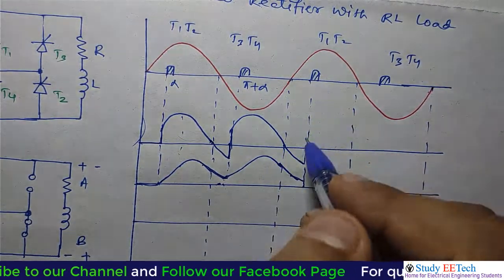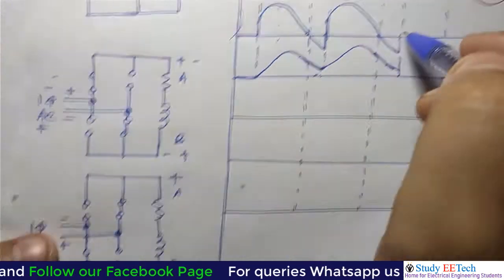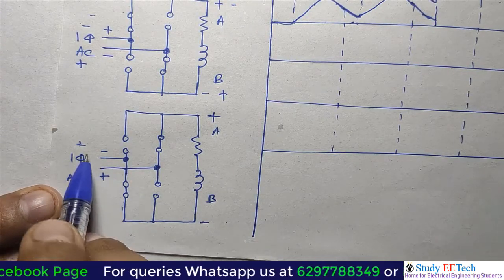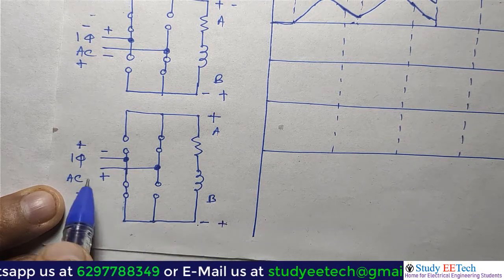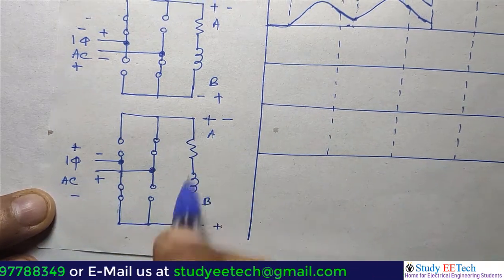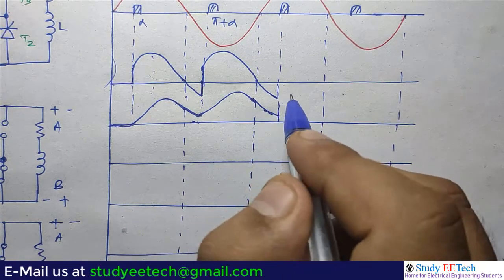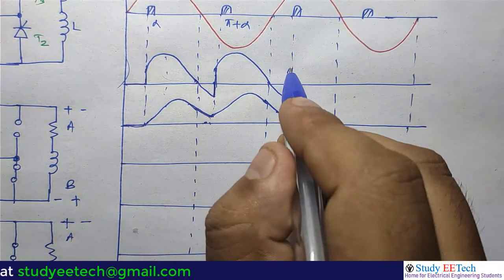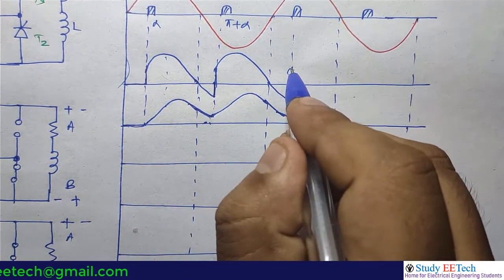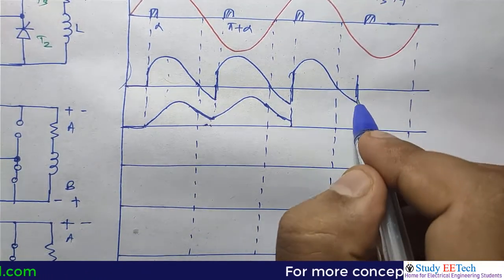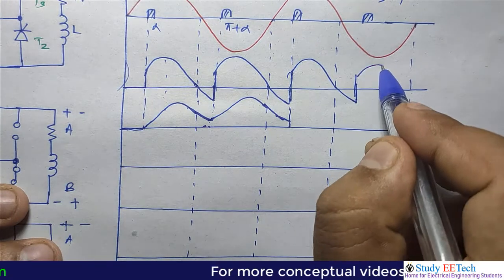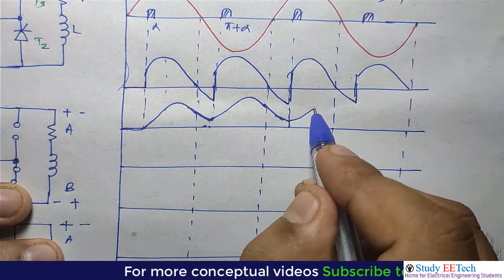If the positive and negative has been appearing here, now this positive will appear here and this negative will appear here, and we will get a negative swing, something like this, and this will go on. Complete waveform will be this one.